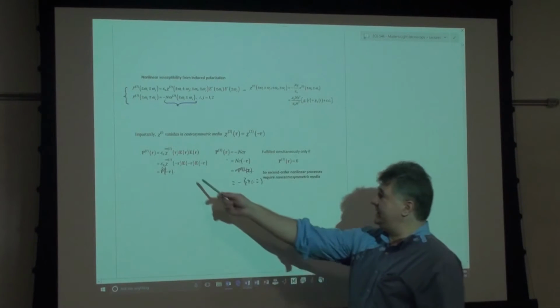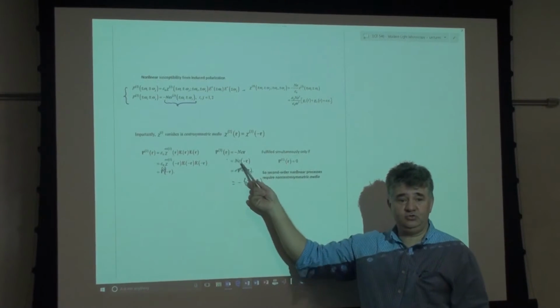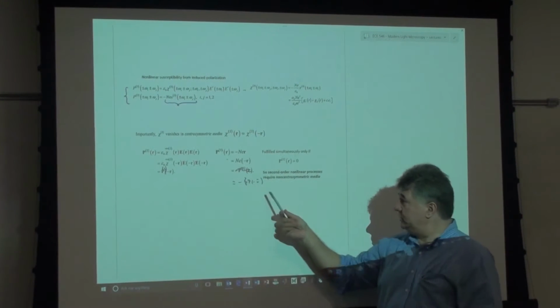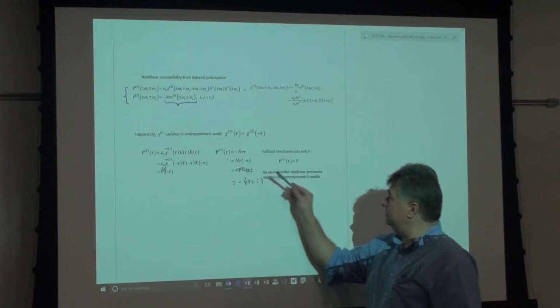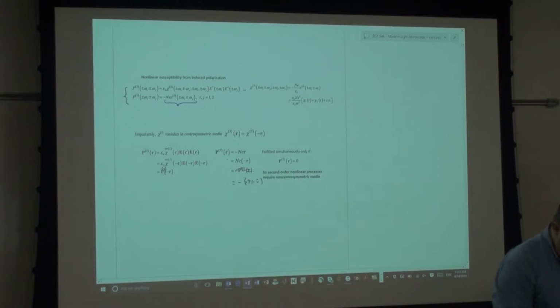Okay, so one says that the sign of R doesn't matter, P of R equals P of minus R. The other one says that P of R should be minus P of R. Altogether, this means that if I have a centrosymmetric molecule, P2 of R should be 0. You cannot have both of them satisfied at the same time, 1 and 2. So this one says P2 of R equals P2 of minus R. This is because of the centrosymmetric condition.